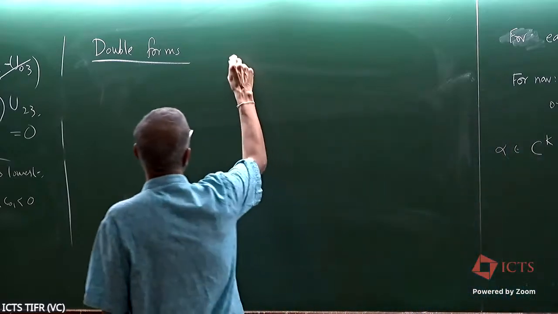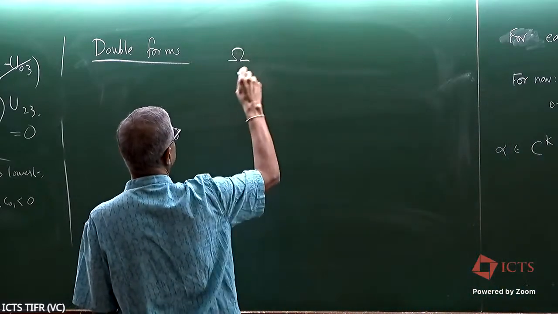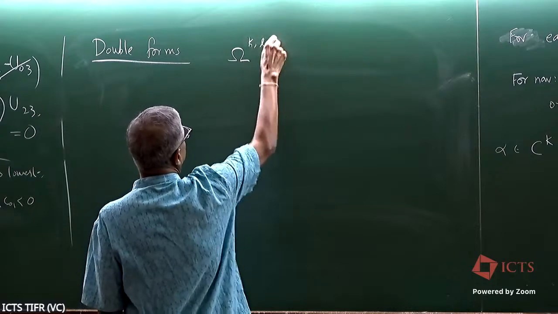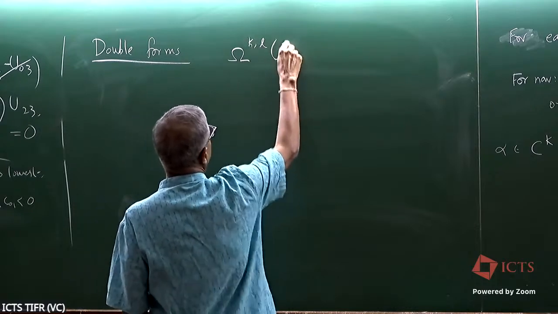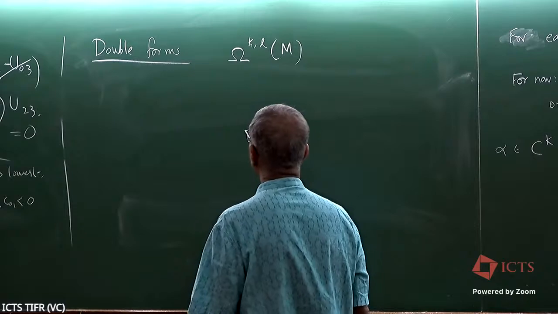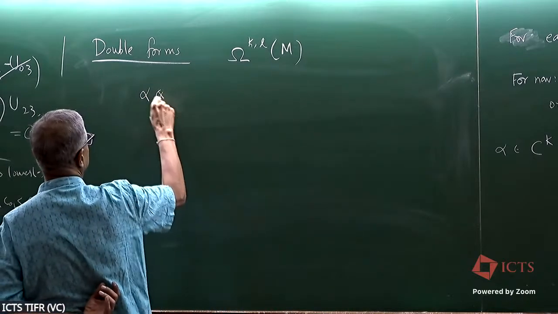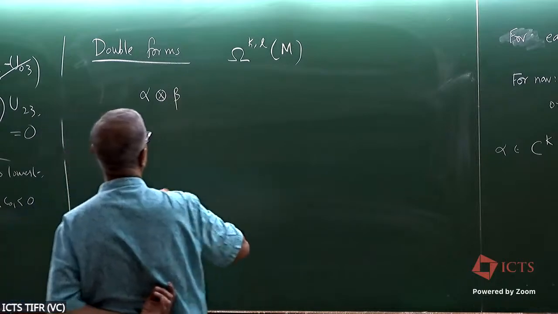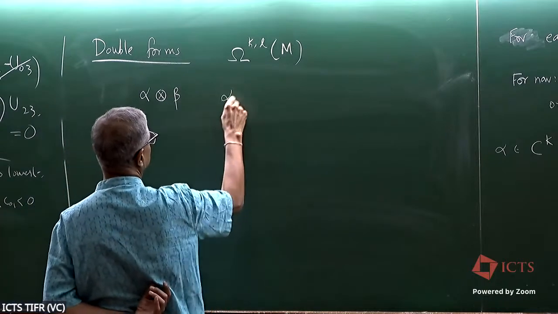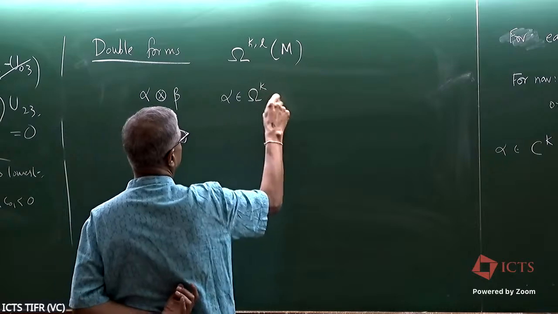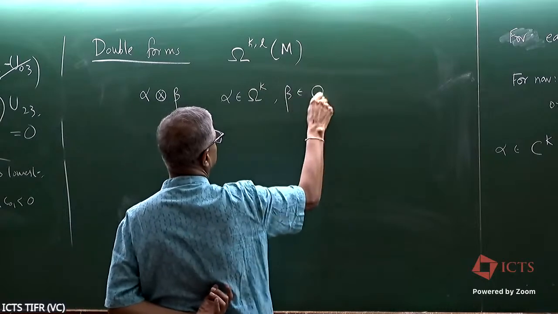So the space of double forms is written like this. And elements of this are combinations of terms like this, where alpha is a K form and beta is an L form.